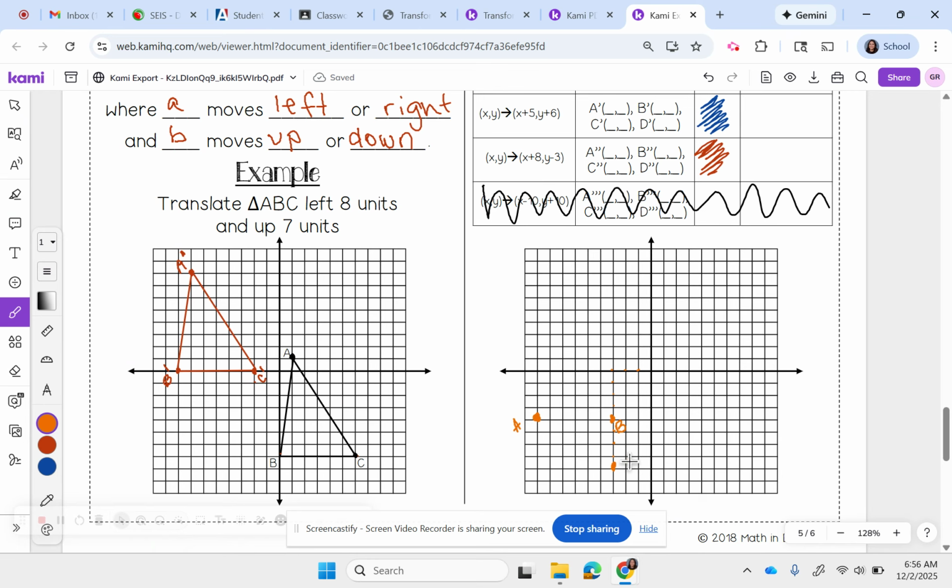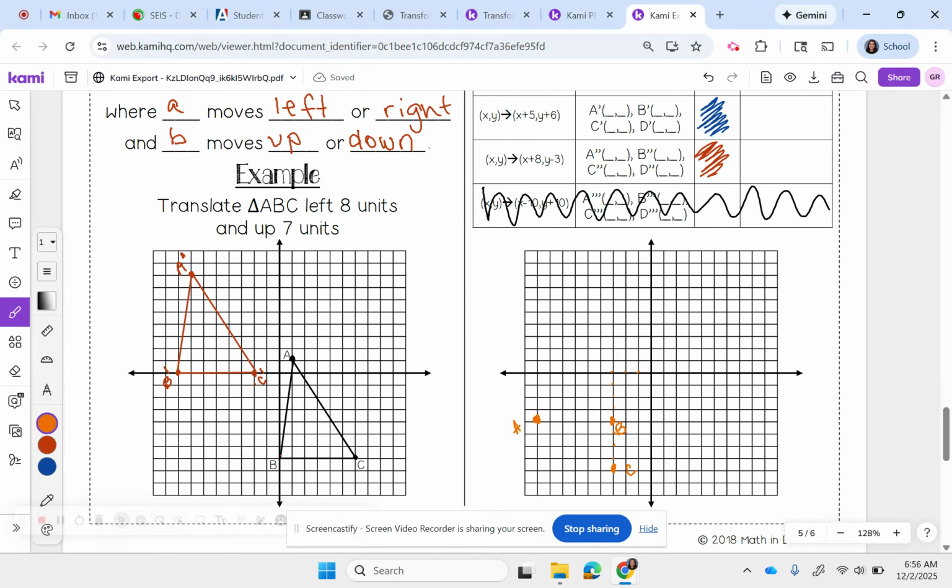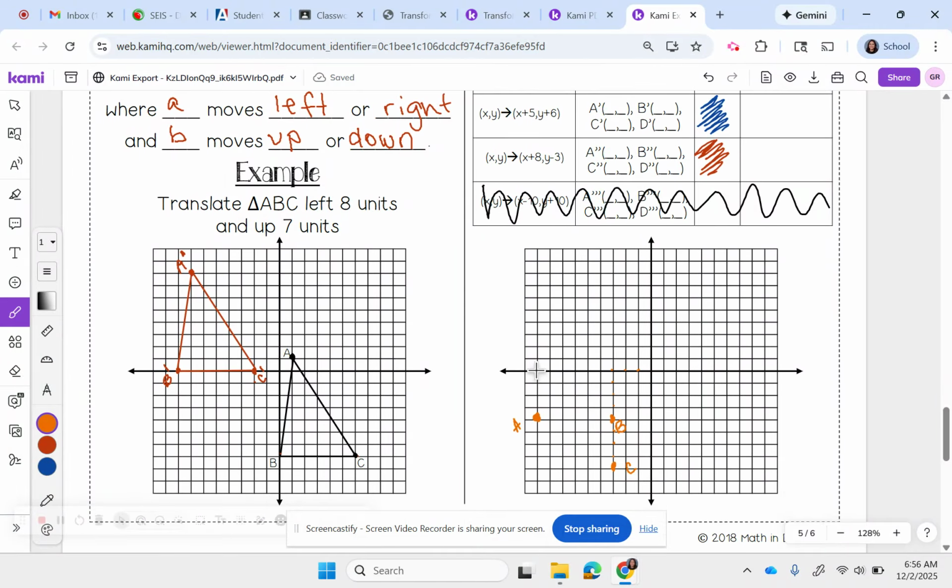That is C. And then last I have D is -9, -8. So I have -9 here. I'm going down 1, 2, 3, 4, 5, 6, 7, 8. And that is D. That is my pre-image. So we are going to go ahead and connect.